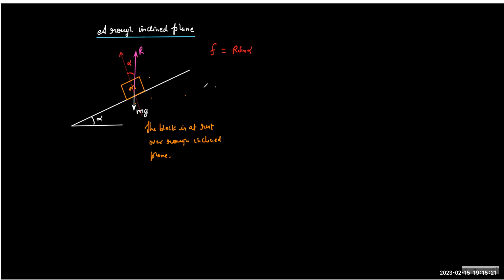And what is R here? Because R is equal to mg, we have done this already. So from equilibrium condition, R equals mg, correct?